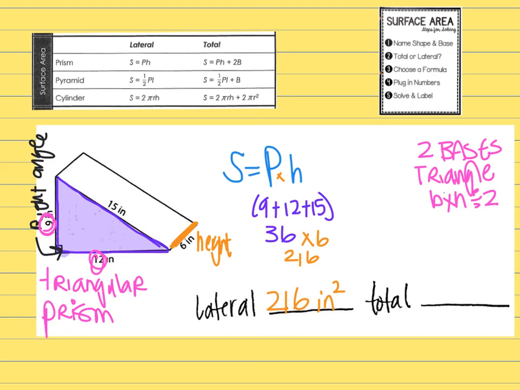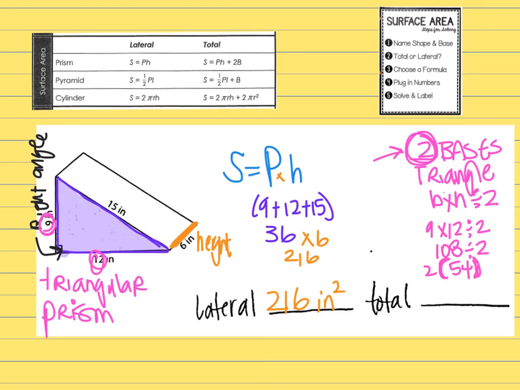So I'm going to do 9 times 12 divided by 2, so 9 times 12 is 108 divided by 2. This would make 54, but remember I have 2 bases. So if I needed to do 2 of those, it would just get me back to 108.